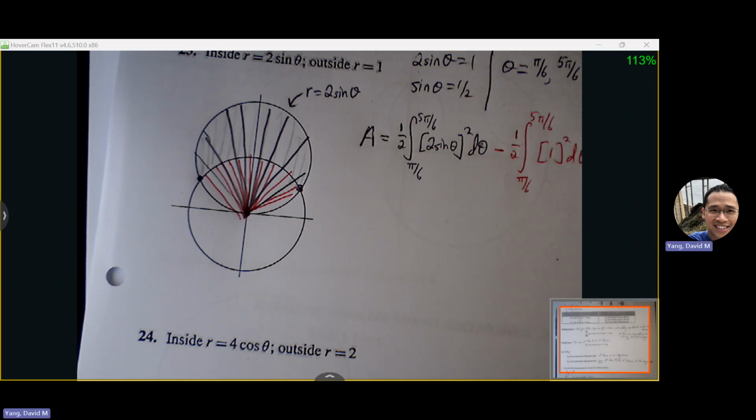Well, we only care about the region inside this circle, but outside this circle too. So ultimately, we just care about this region. But I'm just going to focus on this part because I know if I get that, I can double it.